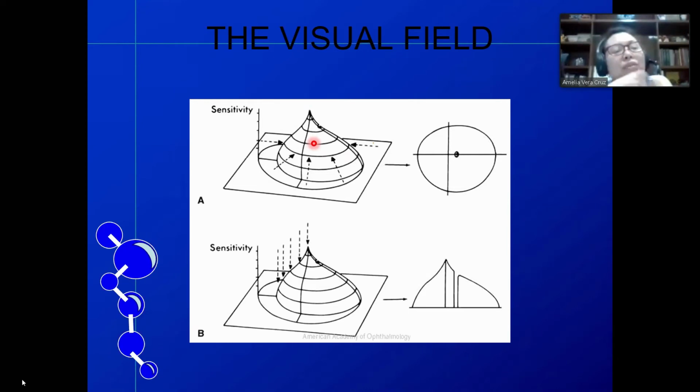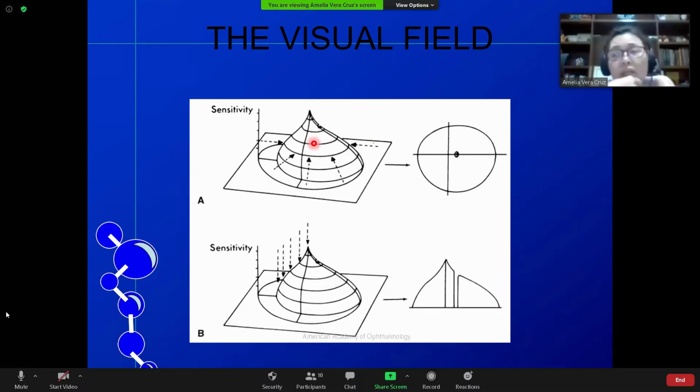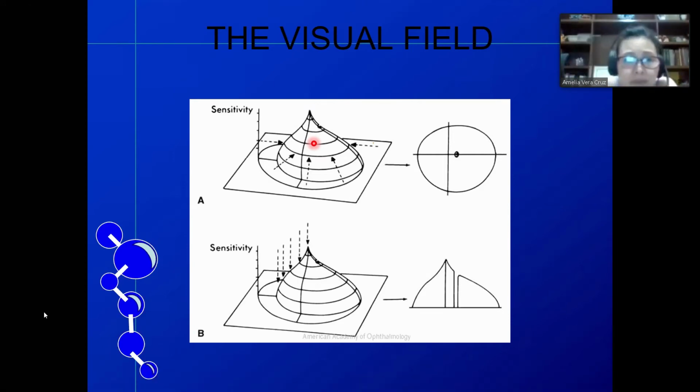What photoreceptors are there? The cones. The cones are the ones responsible when we are in a lighted condition, and they see color, the size and the shape of the object. Okay? The periphery are rods, mostly rods.